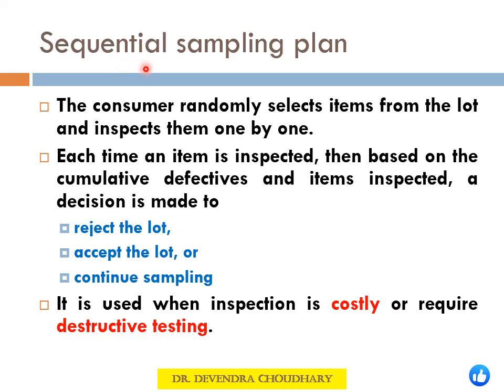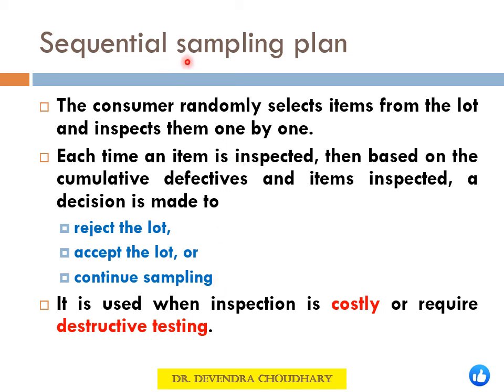A sequential sampling plan is the ultimate extension of multiple sampling plan, where items are selected from a lot one at a time, and after inspection of each item, a decision is made to accept or reject the lot or select another unit, or we can say continue sampling.